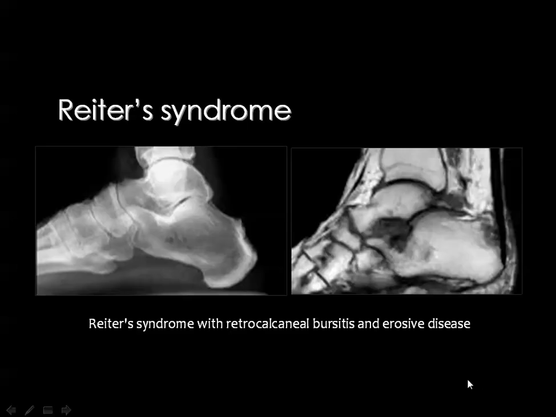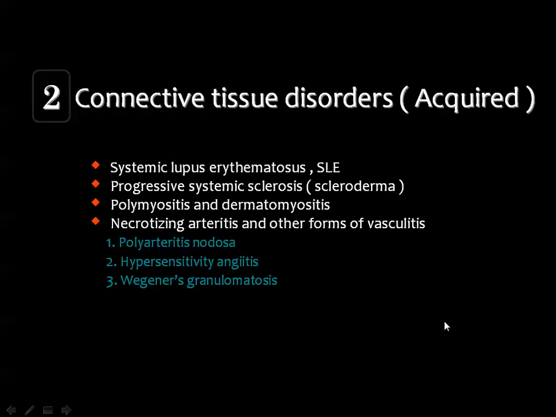Enthesopathy is also a manifestation of Reiter syndrome with affection of the insertion site of the tendo Achilles with inflammation of the retrocalcaneal bursa, which may result finally in rupture of the Achilles tendon.